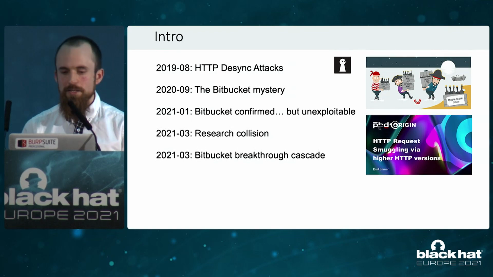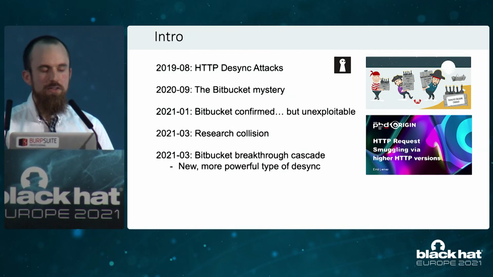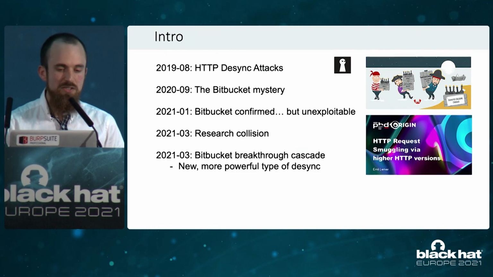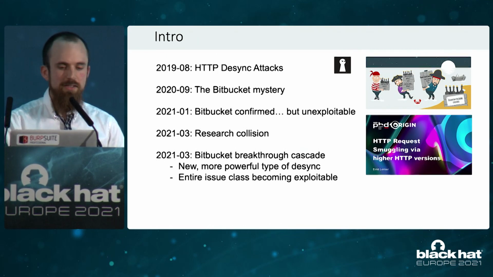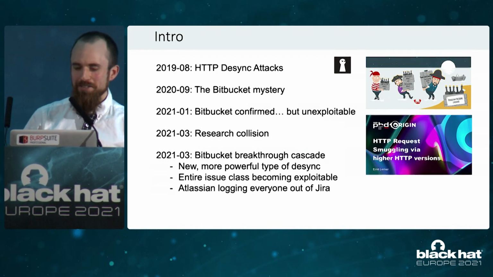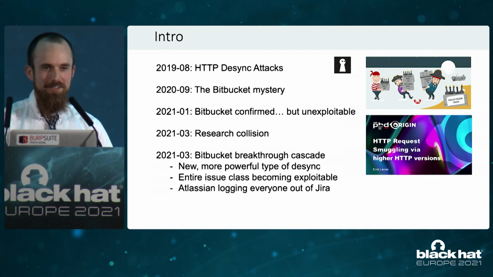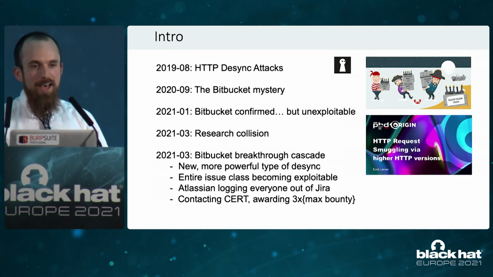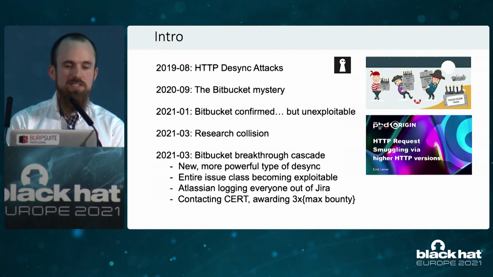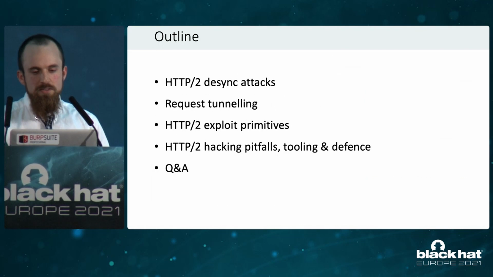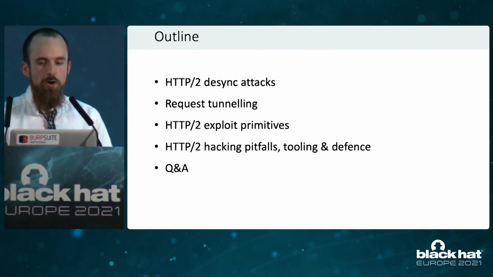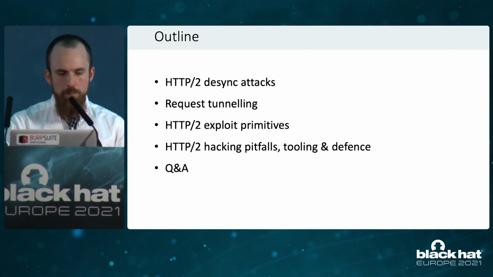This led to a cascade of findings, including a new, more powerful type of desynchronization technique, an entire class of issue that was formerly useless becoming exploitable, Atlassian having to log everyone out of Jira worldwide, which was quite fun to monitor on Twitter, and Atlassian getting the computer emergency response team involved and awarding me triple their maximum bounty. So out of that mess, I've managed to extract some information that I hope you'll find really quite useful.